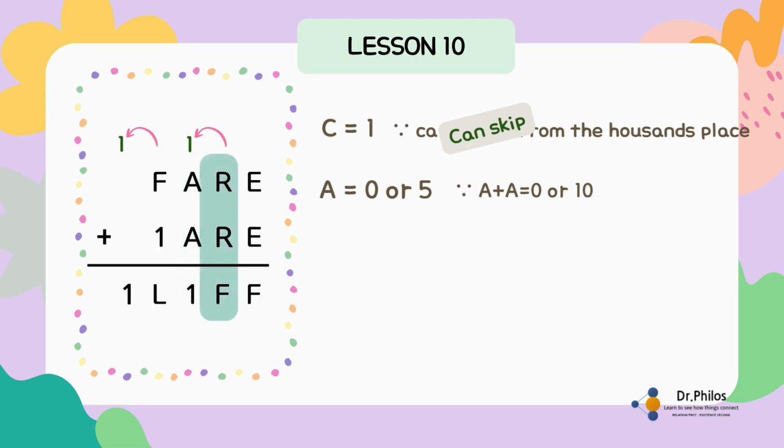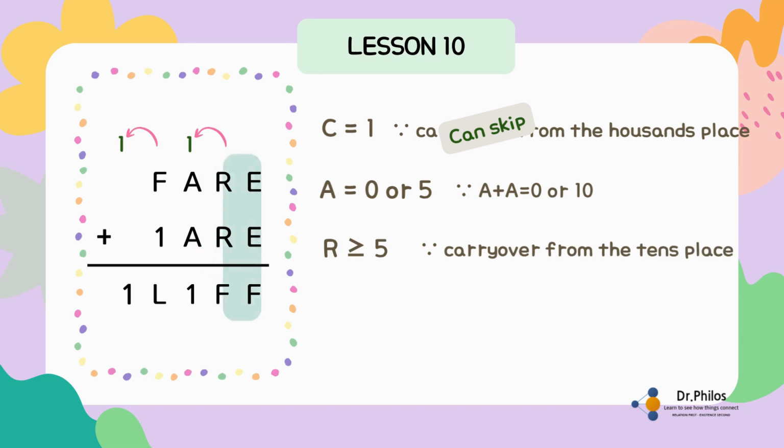So, A has to be 0 or 5. Also, because there is a carryover going into the hundreds place, R must be 5 or more. And F is an even number, because we added the same 2 numbers in the ones place. Seeing that F is an even number is super easy, so you do not need to explain that part either.